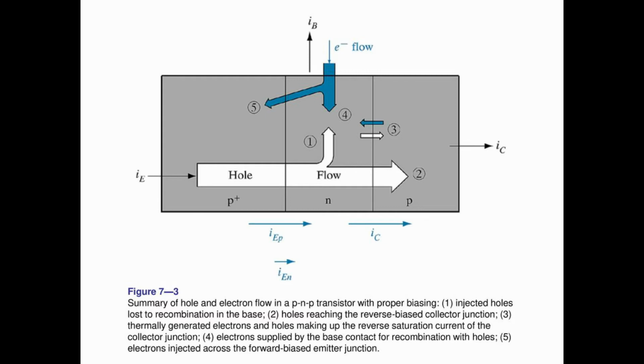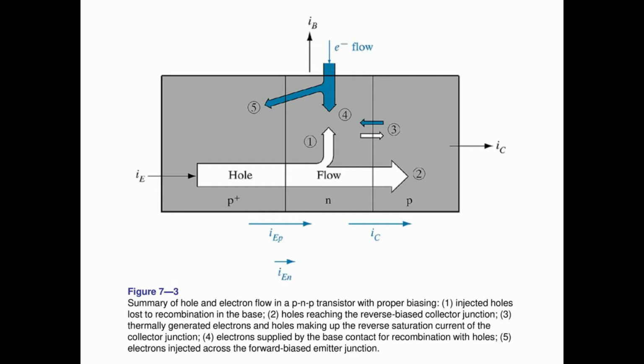That is, when some electrons are lost in the base due to recombination with holes coming from the emitter, those electrons are resupplied by the base contact. And the fifth phenomenon which can take place is that some electrons can move from the base to the emitter.